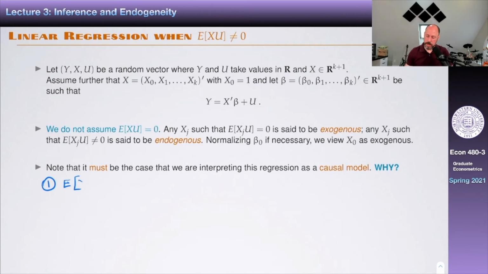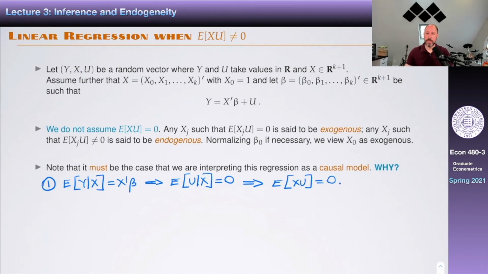As a result, we had that the expected value of u given x was 0, and as a consequence, the expected value of xu was 0. So if you're interpreting beta in a situation where you assume that the conditional mean of y given x is linear and beta is the slope parameter of that conditional expectation, then by construction this is the case. So in that interpretation, you cannot be talking about endogeneity.